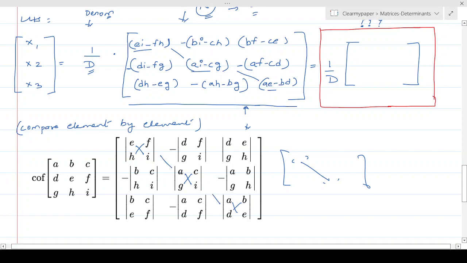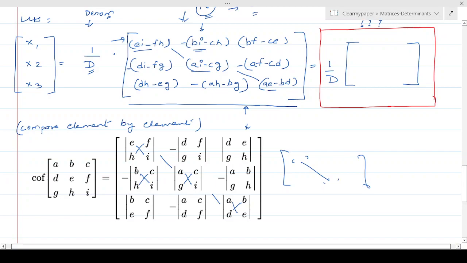And just focus on the elements on the remaining side. So let's take this particular element here. It says minus BI and CH. So it's in row 1 and column 2 here. But if you see this same element in the cofactor matrix, it's coming over here in row 2 and column 1. Whereas if you multiply this BI minus CH, there's a negative sign on the outside.